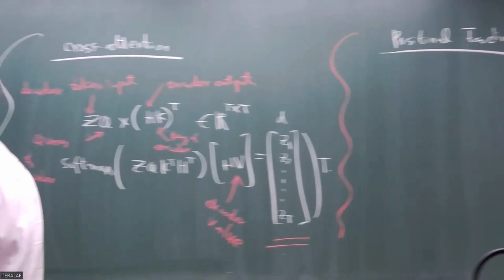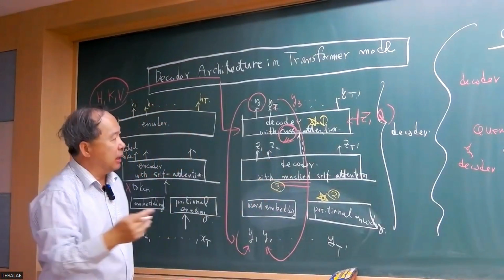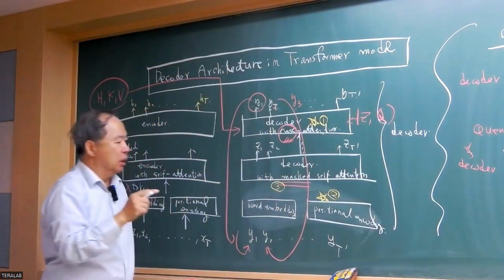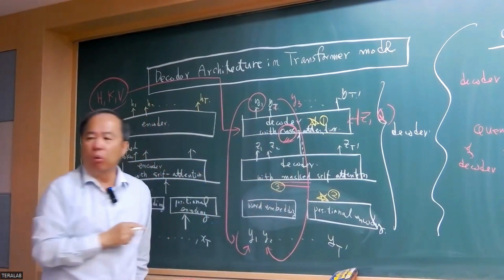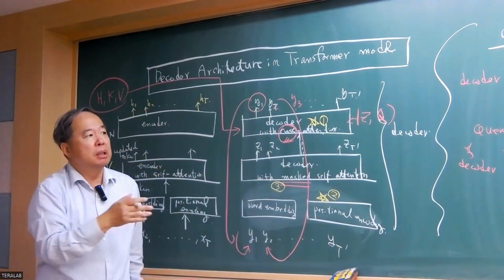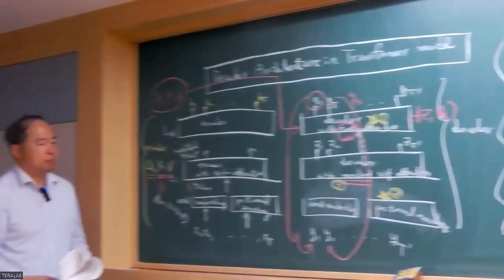A very unique feature of the decoder in the transformer model, I said, is number one cross attention, number two positional encoding, and number three word embedding. So step by step, I would like to introduce that.